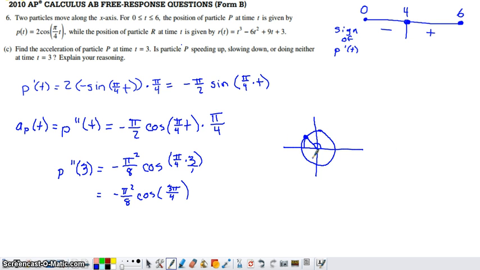I'm going to go with the left hand trick. I guess this would be my thumb, this would be my pinky, and then I'd have ring finger, middle finger, index finger.